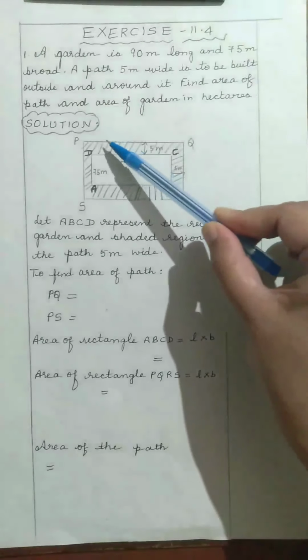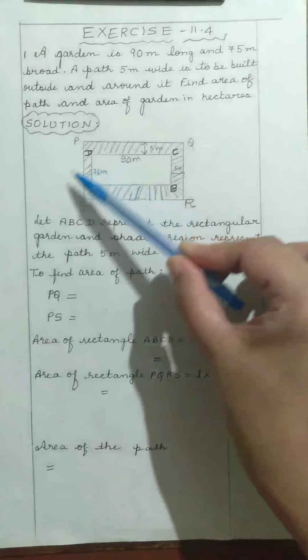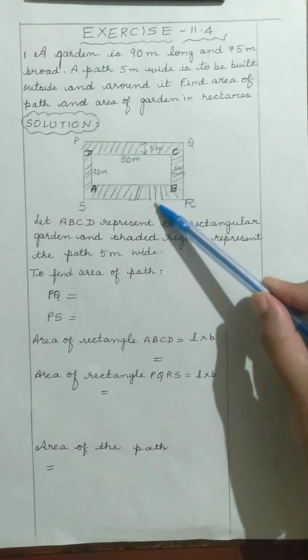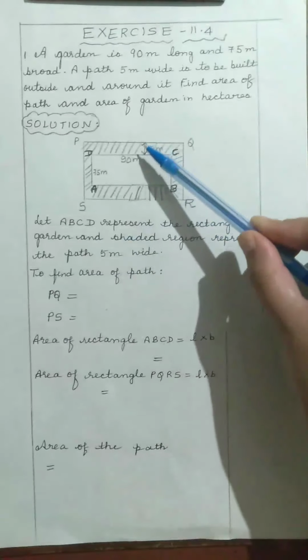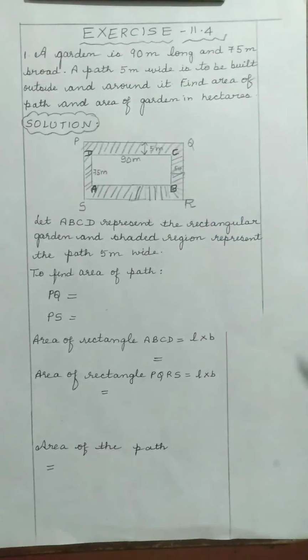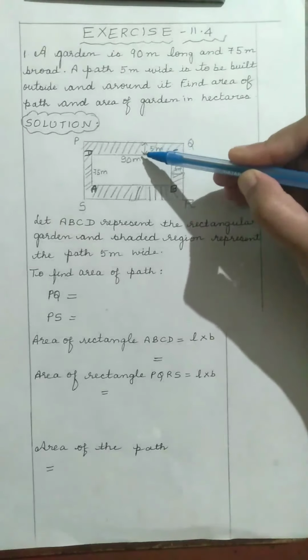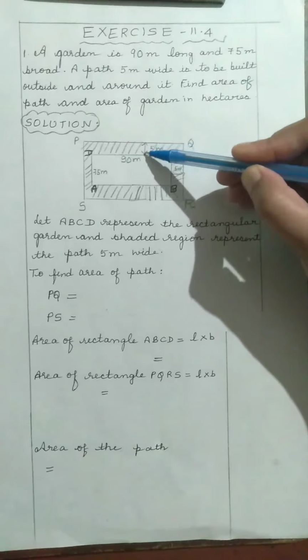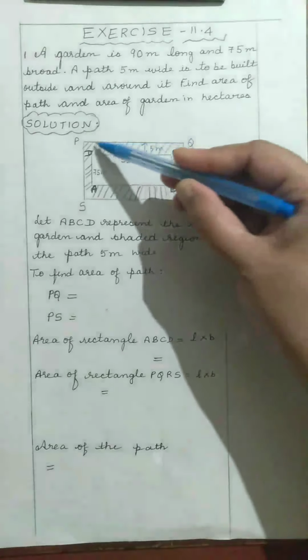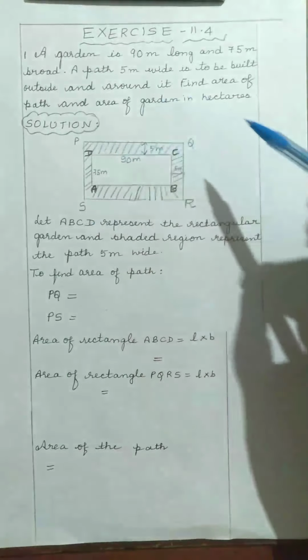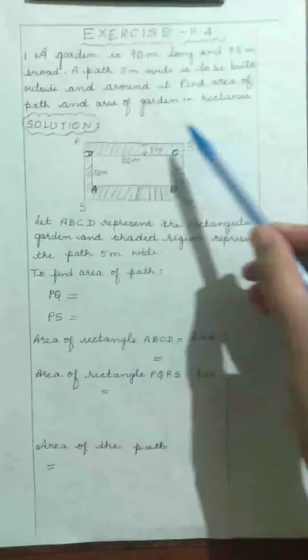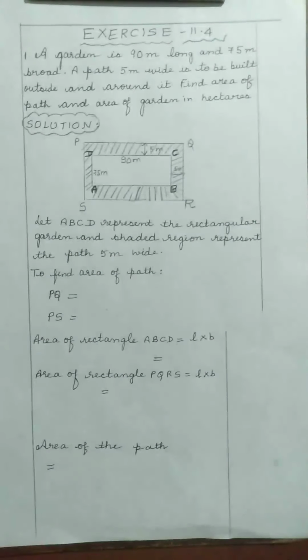So here the shaded region you can observe, children, represents the path of 5 meter wide. Then in this path of 5 meter wide, another rectangle is constructed, that is PQRS.